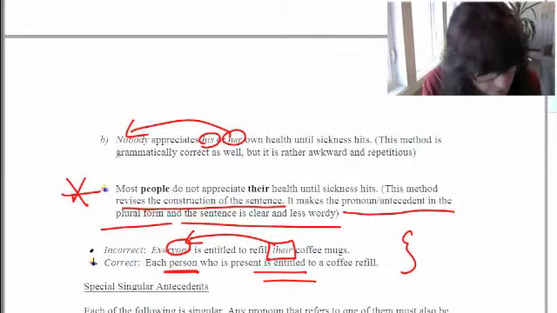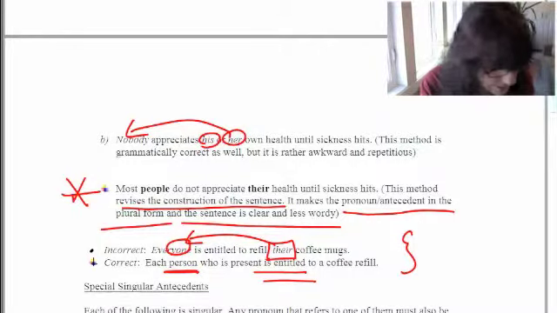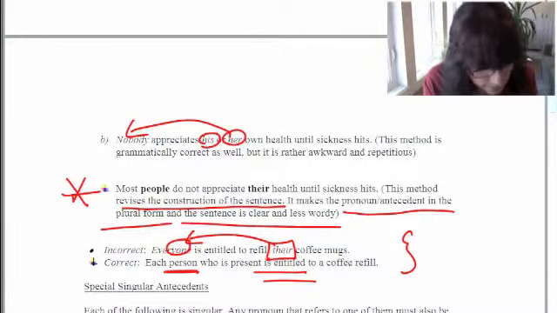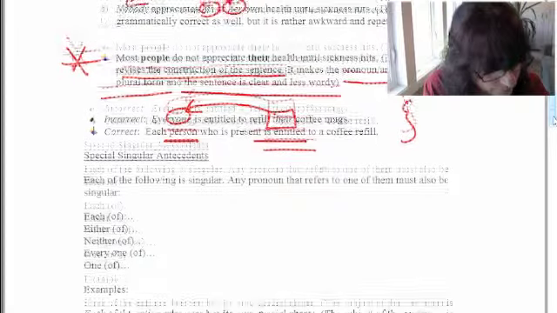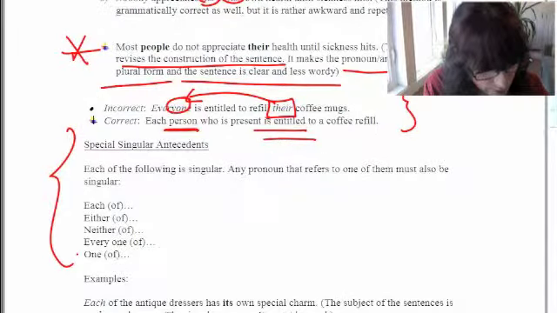Or each person is entitled to refill, well, you see, as soon as you say it that way, you'd have to say their or his. So the best way, I feel, is to rephrase it, reword it, and say each person who is present is entitled to a coffee refill. So you just have to work with the words that you have.